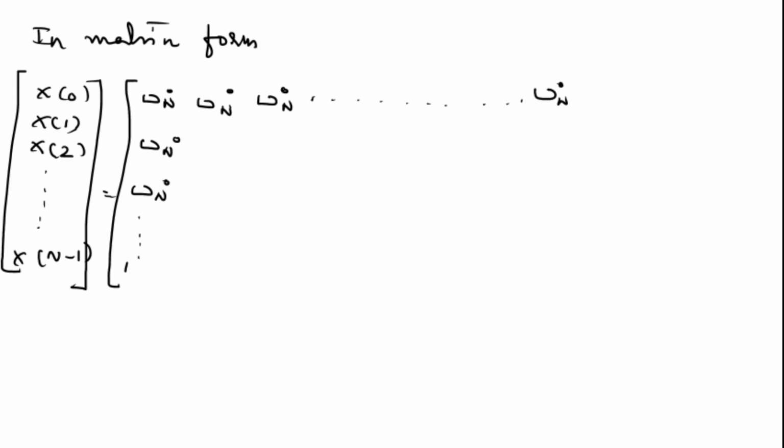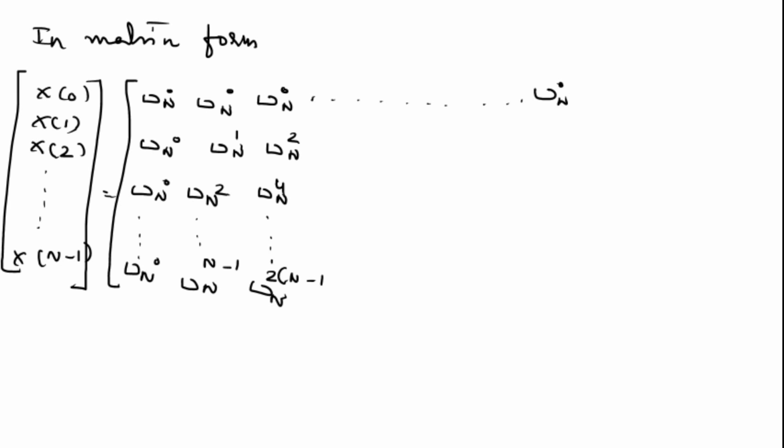The first column will also be omega N of 0 itself. The second row will be omega N of 0, omega N of 1, omega N of 2, up to omega N of N minus 1. And the next is omega N of 0, omega N of 2, omega N of 4, up to omega N of 2 into (N minus 1).